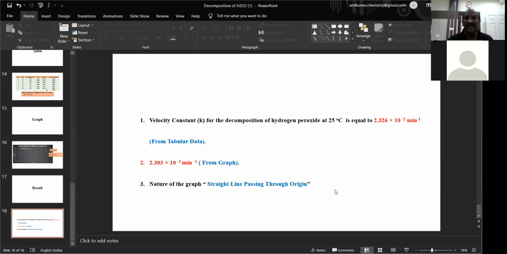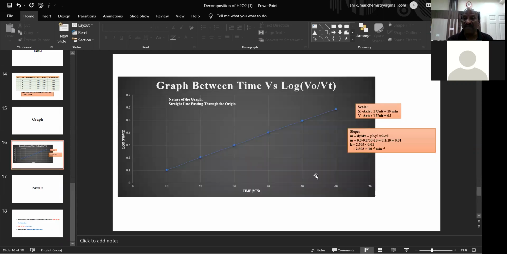In the main result we are going to write it. It carries 1 mark. 2.326 into 10 to the power minus 2 per minute, from tabular data, experimental data. And here, 2.303 into 10 to the power minus 2 is from the graph. After doing the calculation, after getting the slope and multiplying by the constant 2.303, we will get 2.303 into 10 to the power minus 2 per minute.